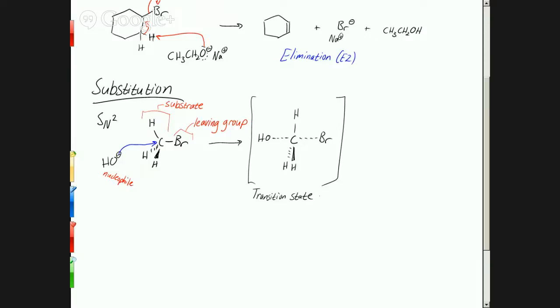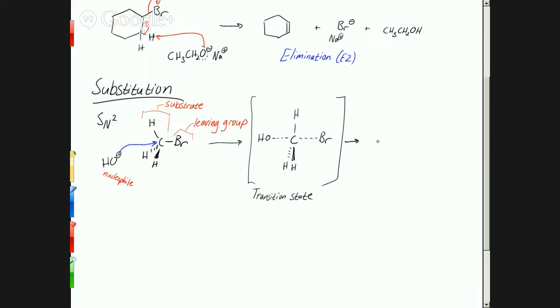If we imagine a reaction coordinate diagram, this just has one hump, and this is at the top of the hump. So this is not an intermediate that you can isolate. This is just showing what it looks like when it's halfway through. The reason that's important is we can see how the geometry is changing. As that OH comes in on one side, it pushes those hydrogens away from it as the bromine leaves to give those hydrogens a little bit more space.